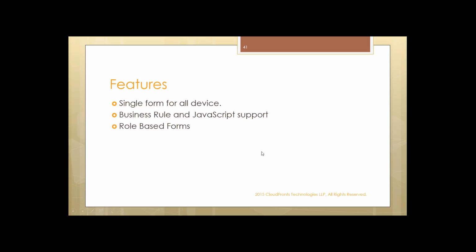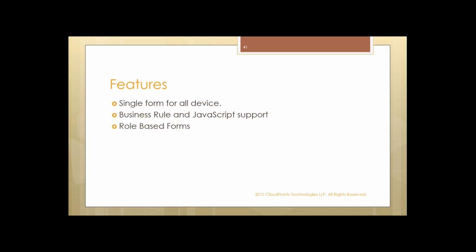I will now focus on three main features of the new phone application: a single form for all devices, business rules, and JavaScript support. This is a very big development from Microsoft, along with role-based forms.